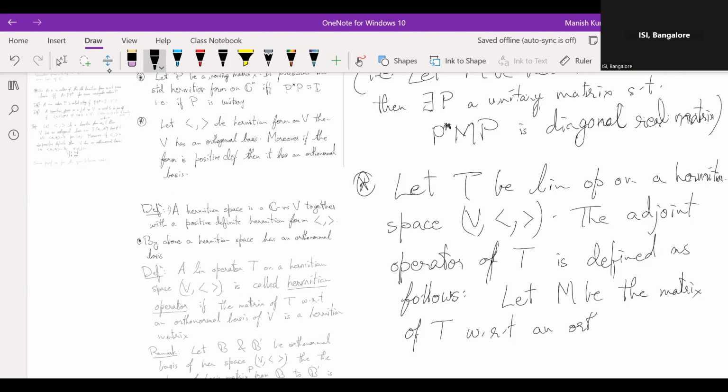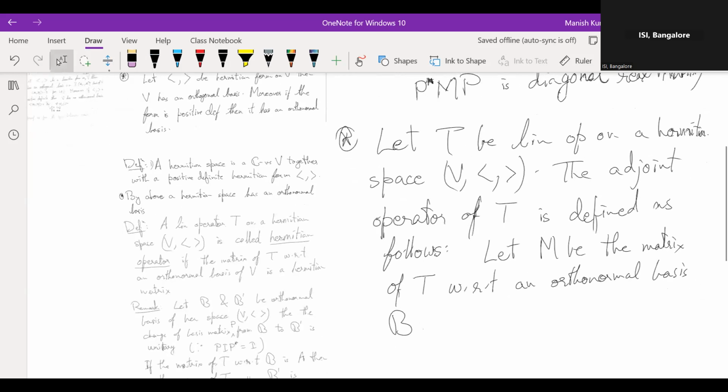So we'll fix an orthonormal basis B, some orthonormal basis v1 to vn. Then what is T star?